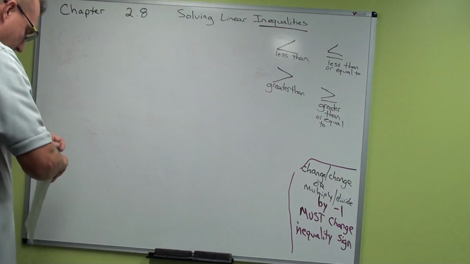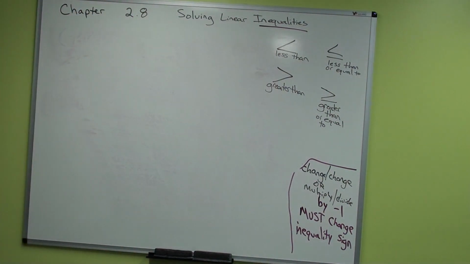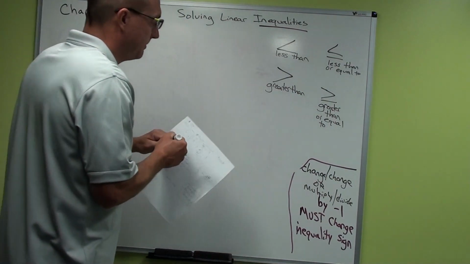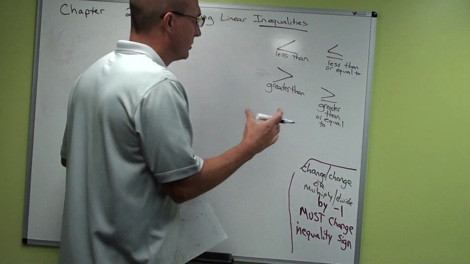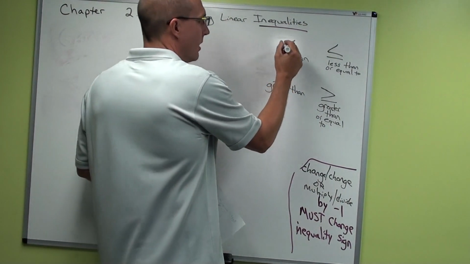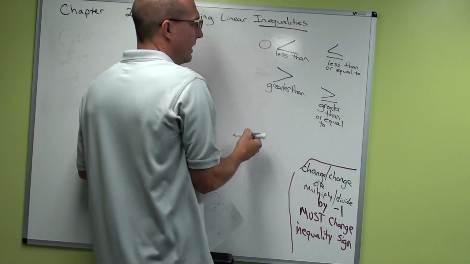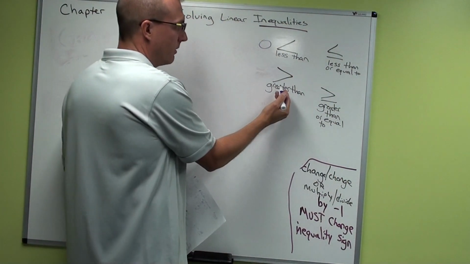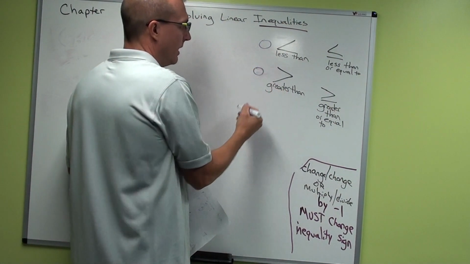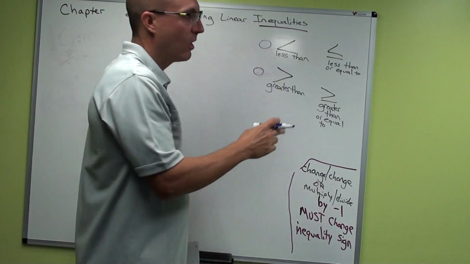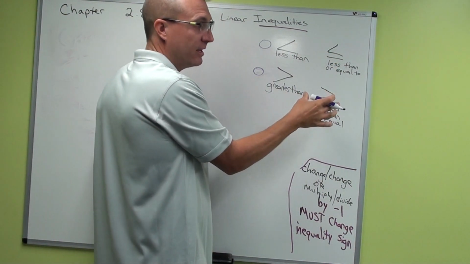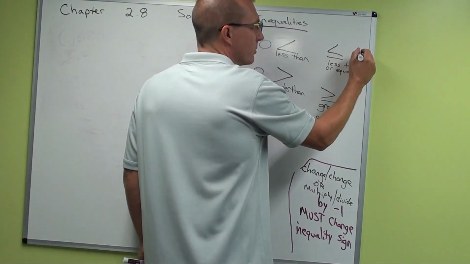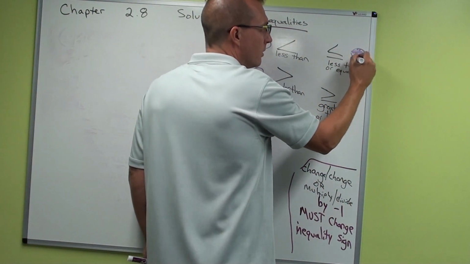Alright, there's a couple other things we have to go over. One, when we graph these, which is something we're going to do, the less than has an open circle. The greater than has an open circle. Over here, if it's less than or greater than and equal to, we're going to take our circle, we're going to fill it in.